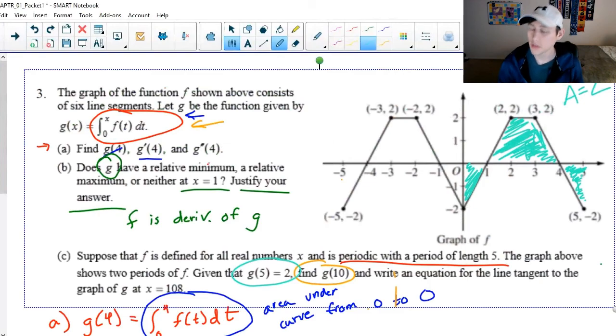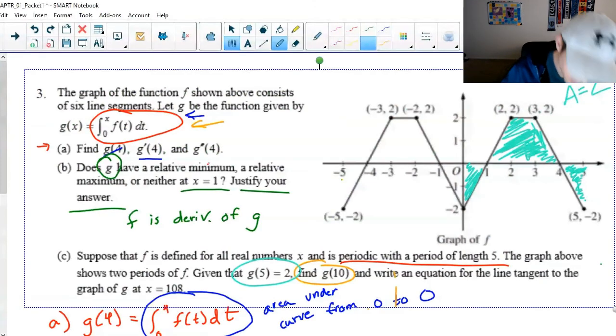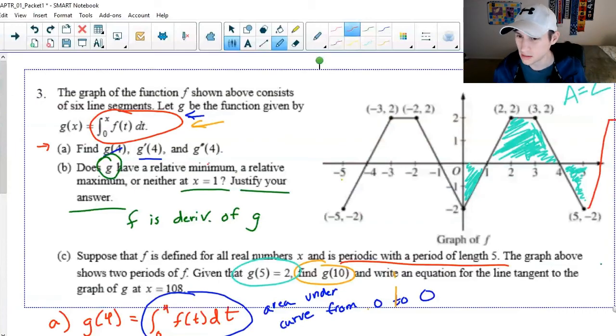Well, great. Now the other thing is I know that this function is periodic. So I know that this is just going to repeat. And this one goes from 0 to 5. That gives me an area of 2.